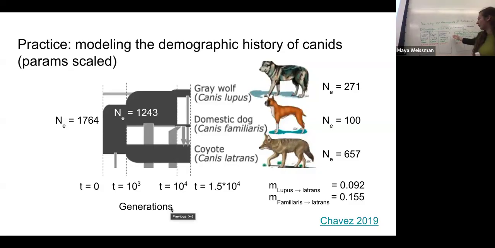I think that's true for everyone. Overall, coyotes have the highest, because they've had the largest population size for the longest period of time. If you were to suddenly increase dogs' population size to 657 in the last 2 generations, you would still see similar diversity scores because it's a very recent bottleneck.